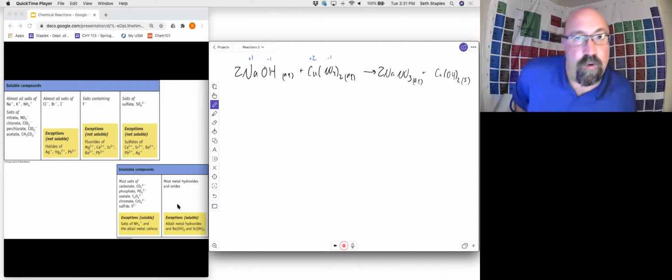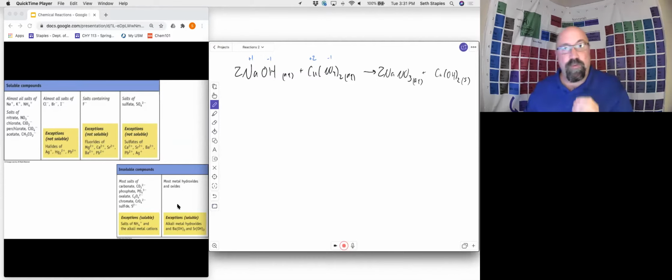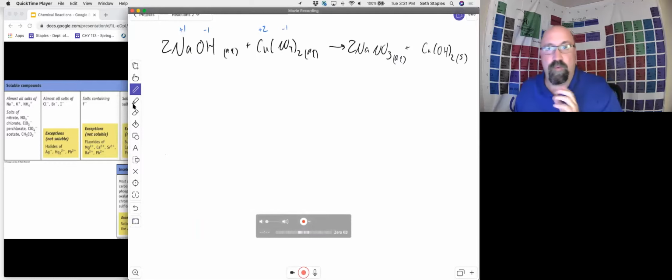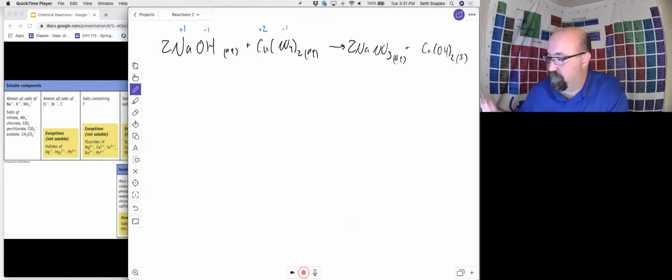Now we want to write out the ionic equation. Anything that's aqueous, we're going to split up into its constituent ions. Let me blow this back up a little bit. We'll bring the solubility rules back when we need them. And so first we have our NaOH. So we have 2 Na plus and 2 OH minuses.